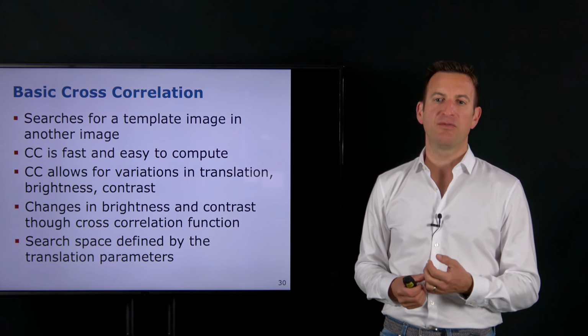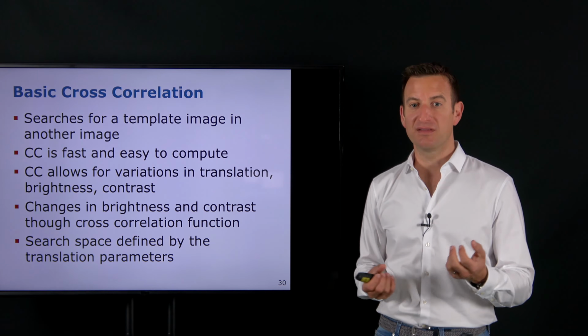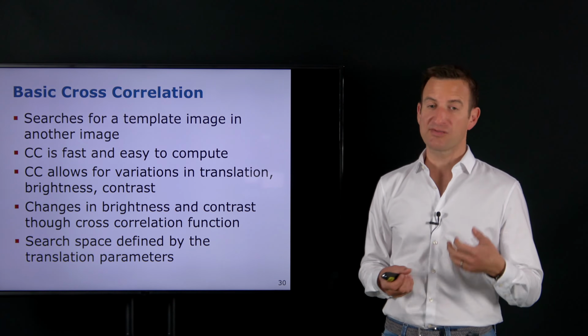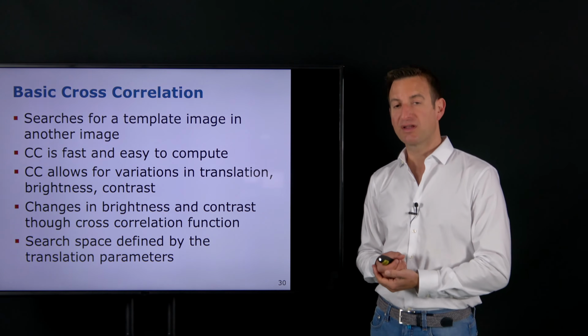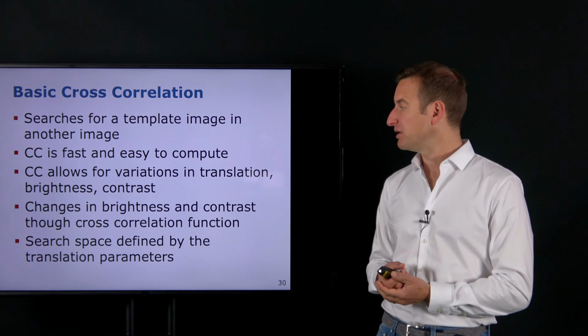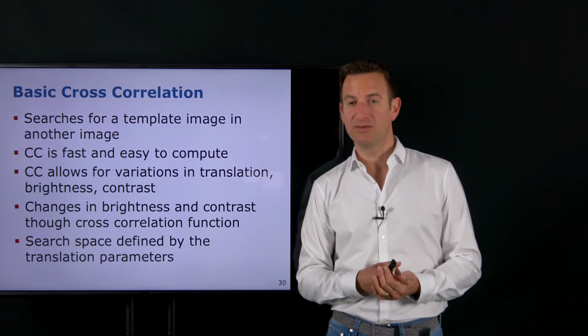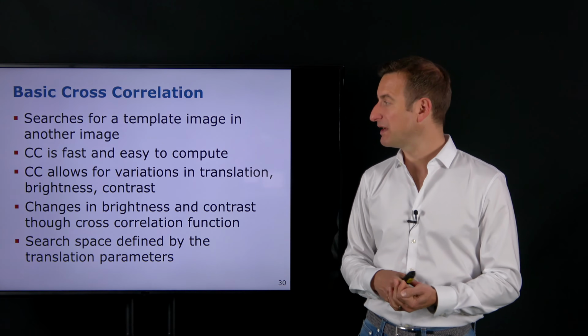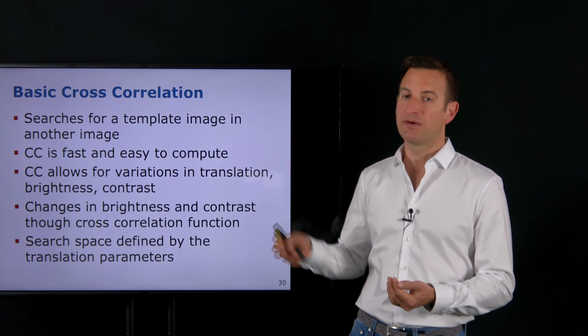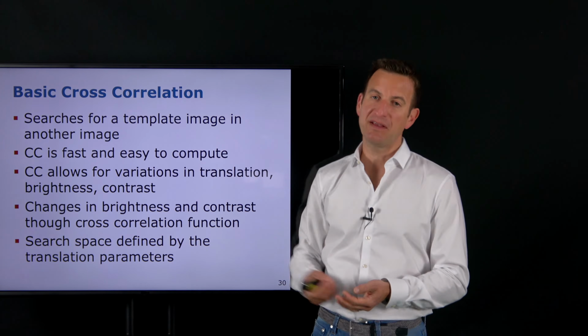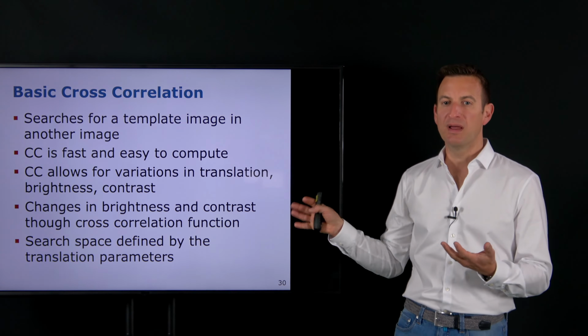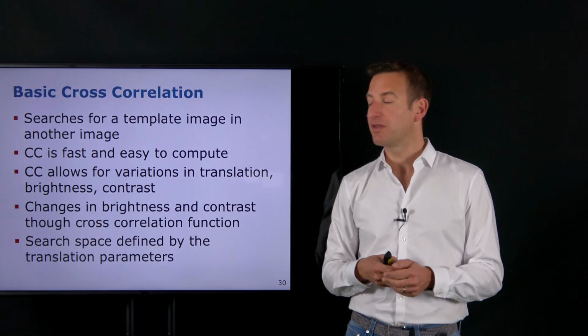Cross-correlation in its basic form allows only for variations in brightness and contrast with respect to the radiometric transformation, and the translation for the geometric transformation. There are extensions of the basic cross-correlation, therefore I call it basic cross-correlation here, which can do more, but this is the standard approach that we are doing.